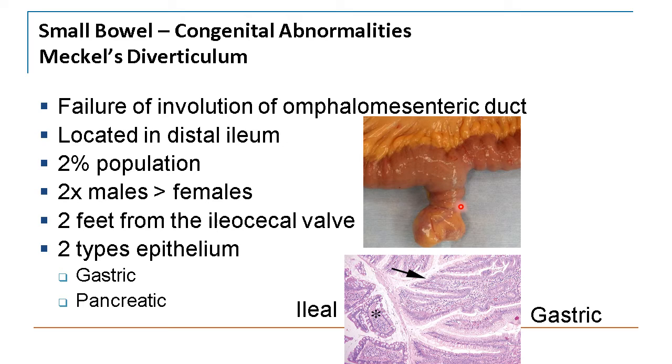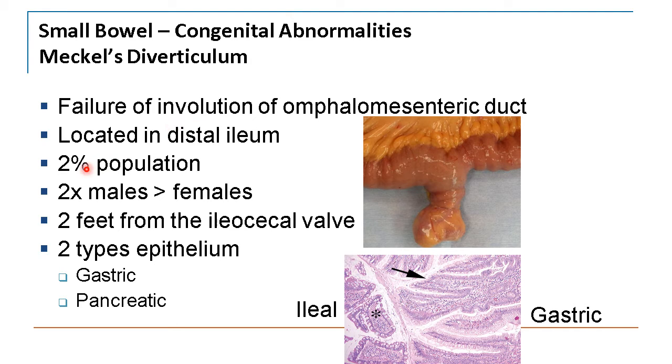It's a failure of involution of the omphalomesenteric duct. This is the embryonic origin of Meckel's diverticulum. It is usually located in the distal ileum.